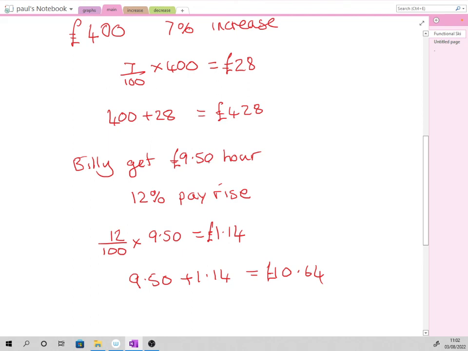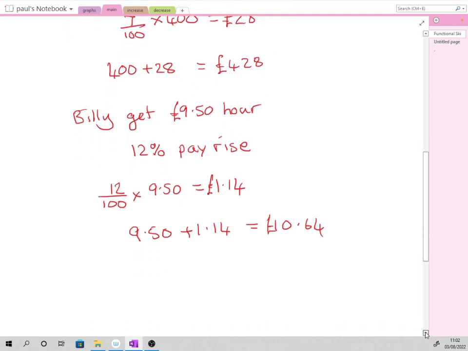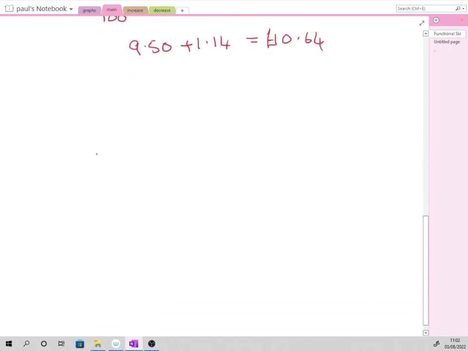Percentage decrease is pretty much exactly the same, apart from that last bit where we just subtract. There's a jacket in the shop, and it's priced at £45. Now they've got a sale on, and there's 10% off.